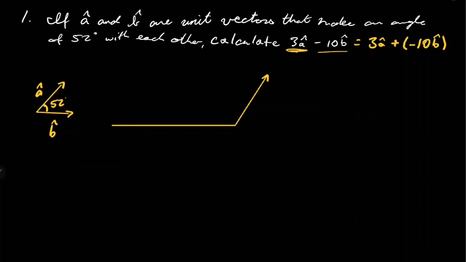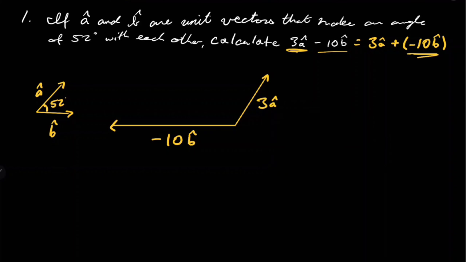That looks parallel enough. But instead of going this way, which would be positive 10 vector B, I'm going to put it in this direction, which is the opposite direction, because it is the opposite of vector B. So this is the opposite of 10 vector B, and this is 3 vector A.